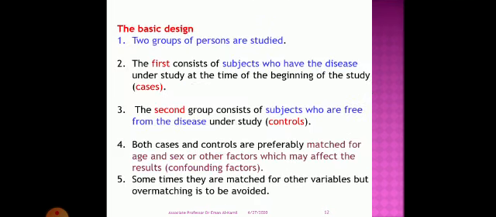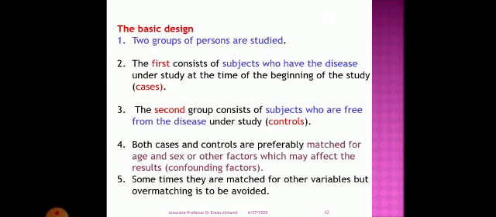So the basic design: two groups of persons are studied. The first consists of subjects who have the disease under study at the time of the beginning of the study. These are the cases. And the second group, subjects who have no disease, are the controls.